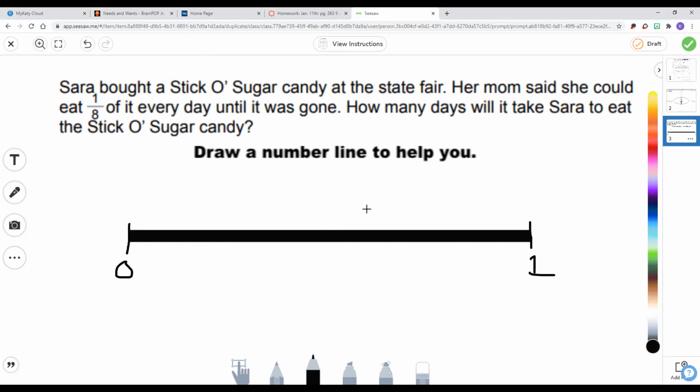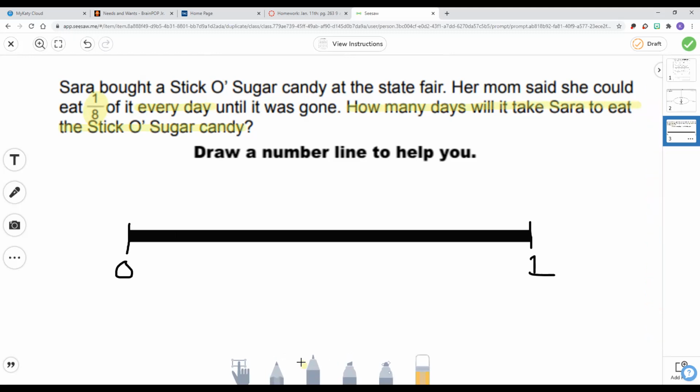My problem says that she can eat 1/8 of it every day. She can eat 1/8. And I want to know how many days it will take her to eat the whole thing.